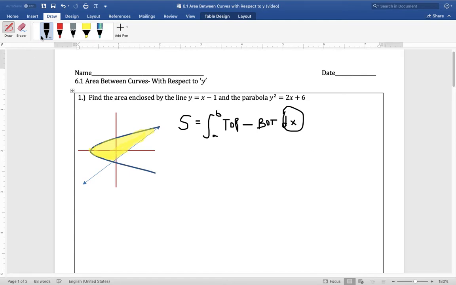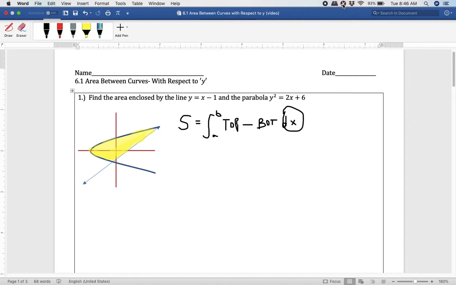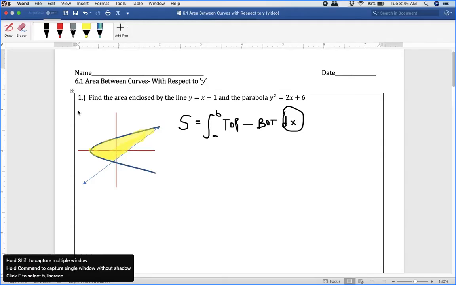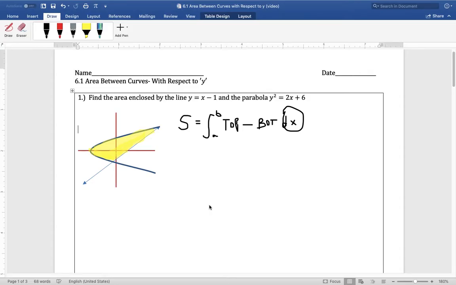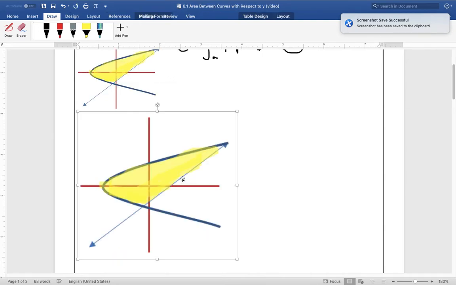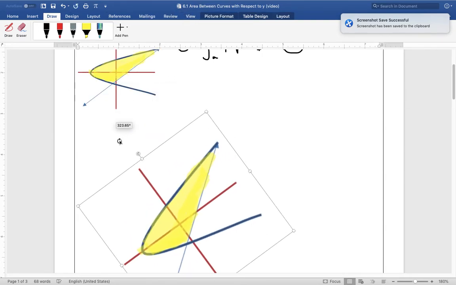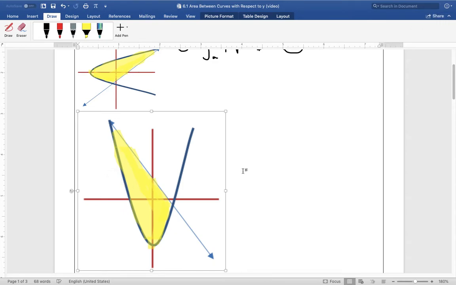If you look at the graph we have, let me show you something really quick. I'm going to just do this and show you something a little neat here. But here is our graph, right? I'm just going to paste it over here. And if we were to rotate this, you would see that the top function is the linear function. The bottom function is the parabola.